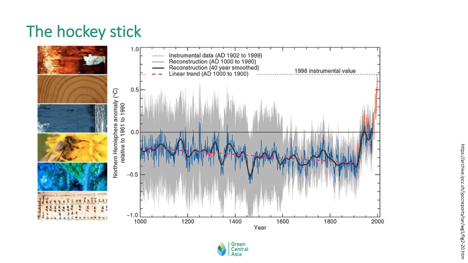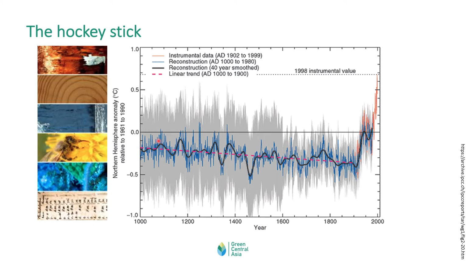Based on them, you can see that during the last millennium, the temperature was fluctuating around some mean, and the cooling trend was not that high. But after the Industrial Revolution, we see a rapid increase in the Northern Hemisphere temperature.